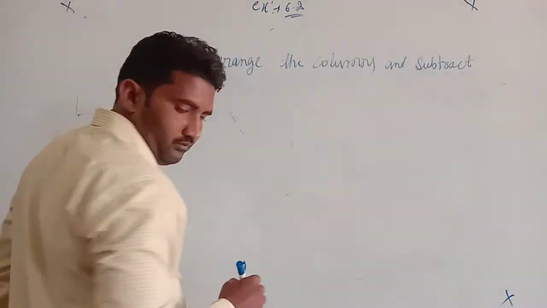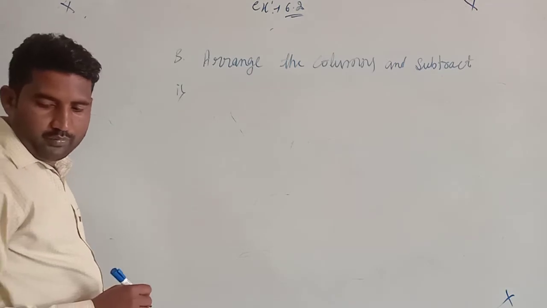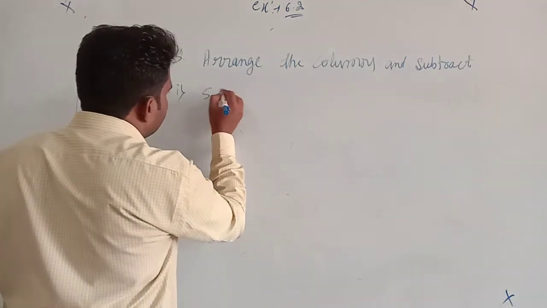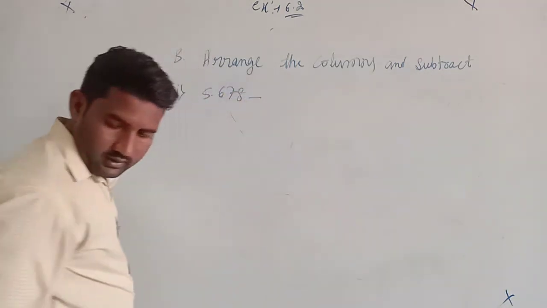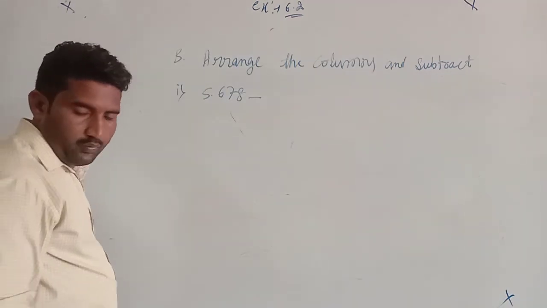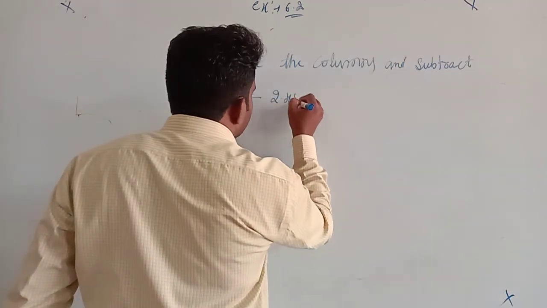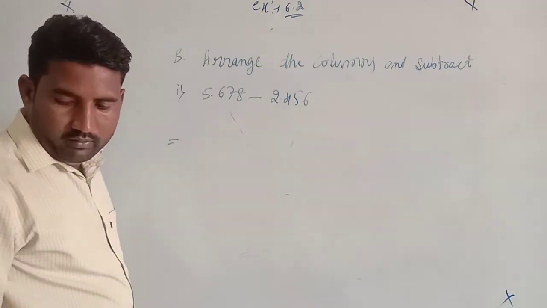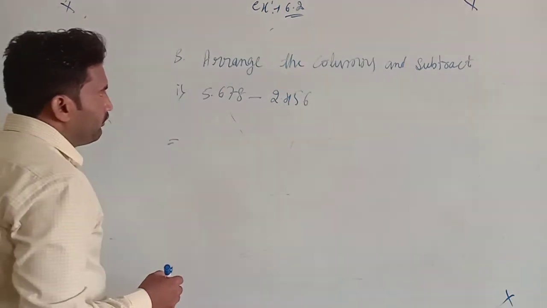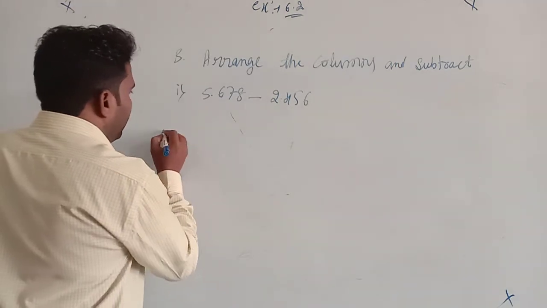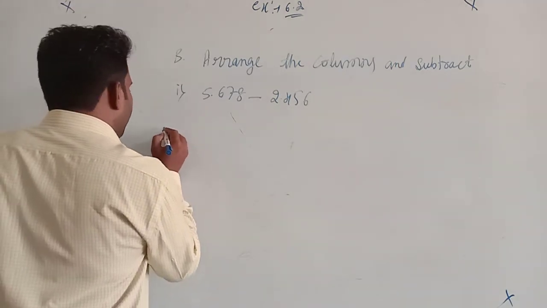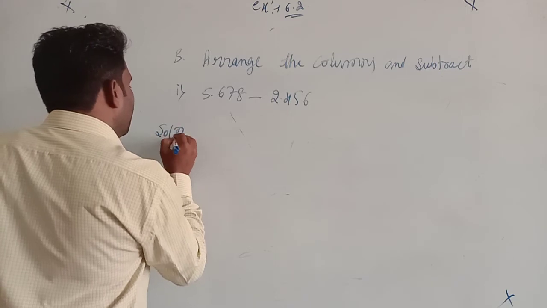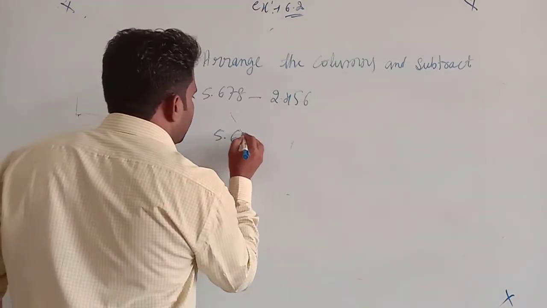The first one is 5.678 minus 2.456. Like that only, like the first one in A. We have to arrange the given numbers in a column and then subtract. So that is 5.678.